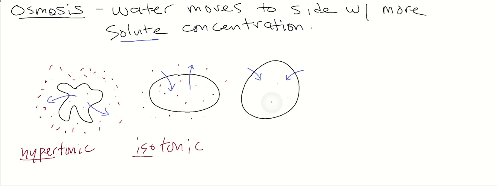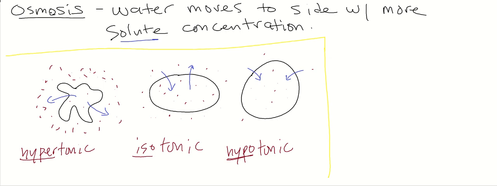All right, hopefully you see the pattern here. Water goes to the side where there's more solute. Generally, there's not going to be a different amount of solute in the cell, but there'll be much less solute outside the cell. That's the takeaway. So that's known as a hypotonic solution. Hypo means below, or there's less solute outside the cell. All right, so these are the three types of cells that you want to get familiar with.